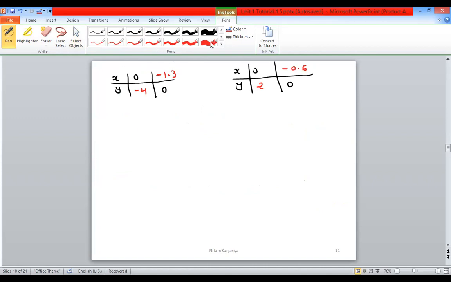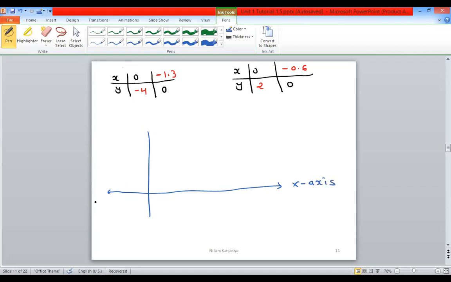Draw the graph using this formula. This is the x-axis.